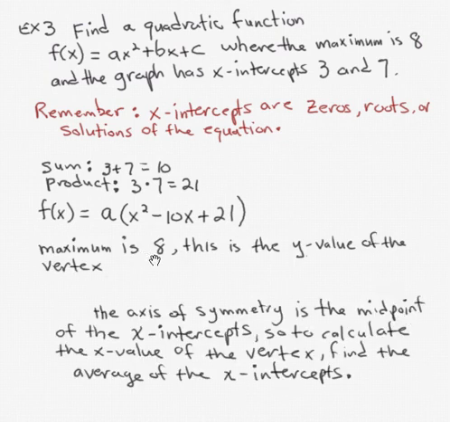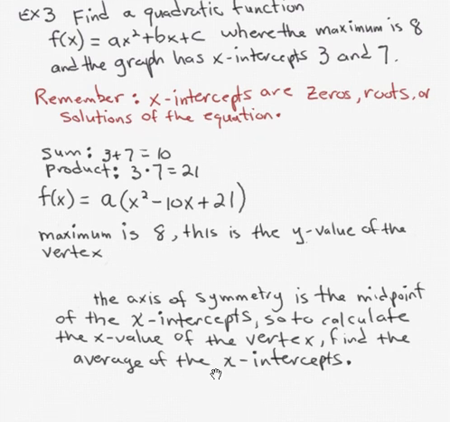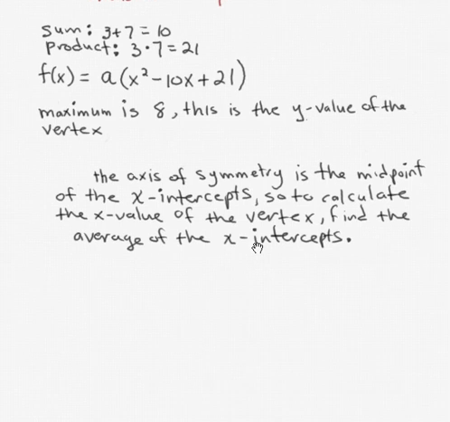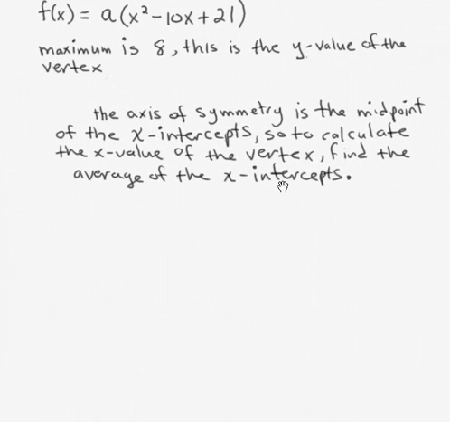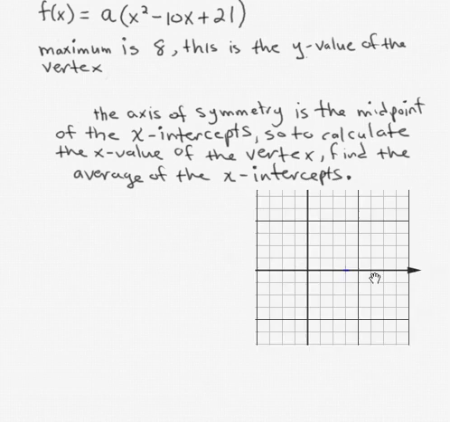Well, we know the maximum is 8. That's my next clue. And so that's going to help us because that's a y value of the vertex. And maybe looking at the graph will help us even more to see what a is, because we have in our graph a parabola that crosses the x-axis at 3 and at 7.